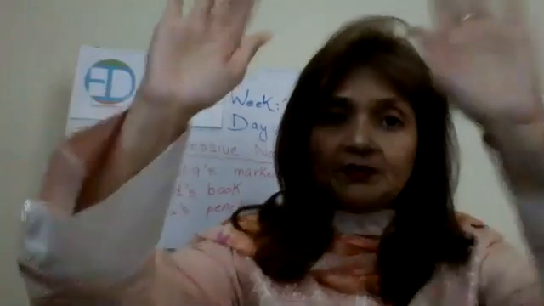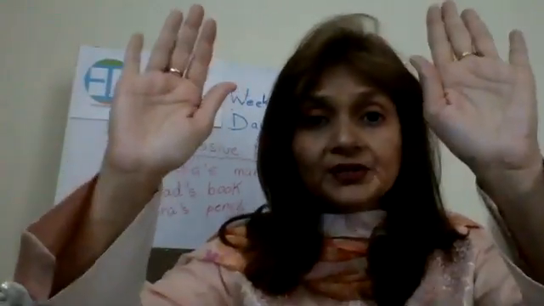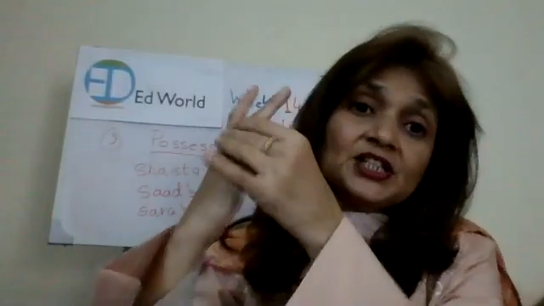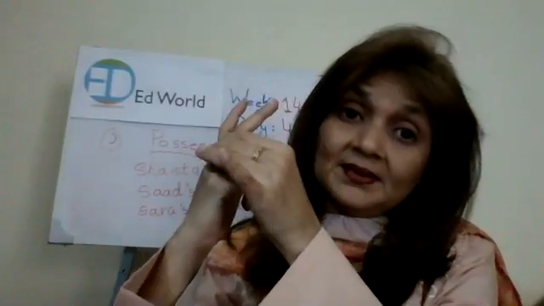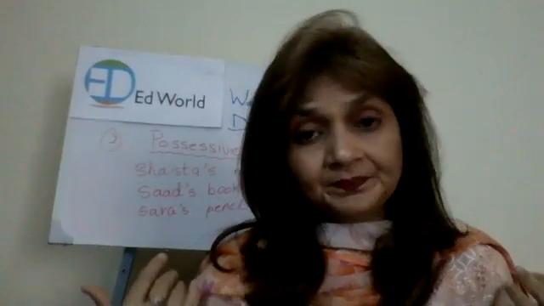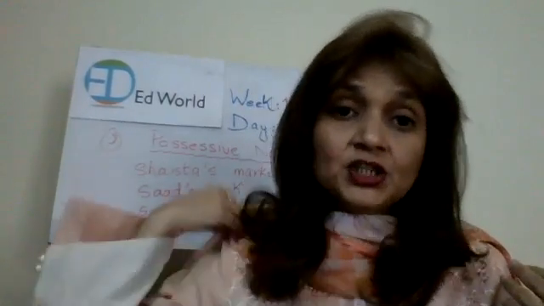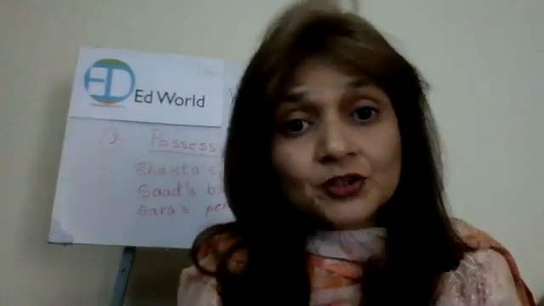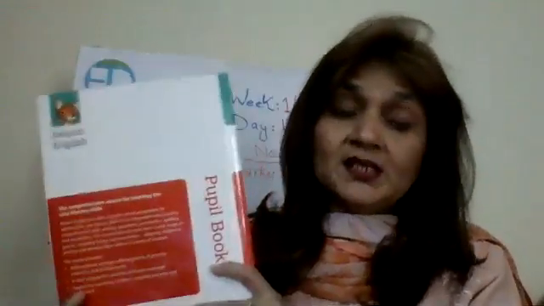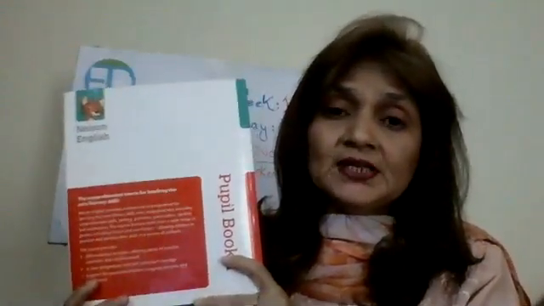Like, these are my hands. So how will you say? Teacher's hands. Or you can say teacher's ring, teacher's ears, because they all belong to me, right? Teacher's dupatta, because it belongs to me. Teacher's book, it belongs to me. This is my book, so you can say teacher's book.